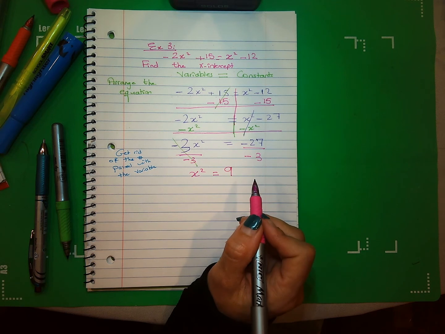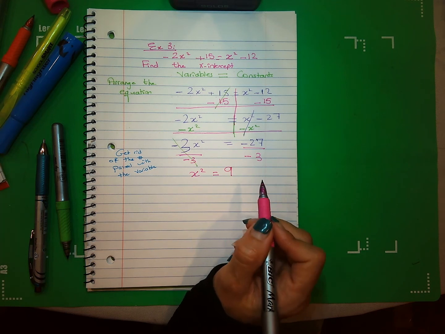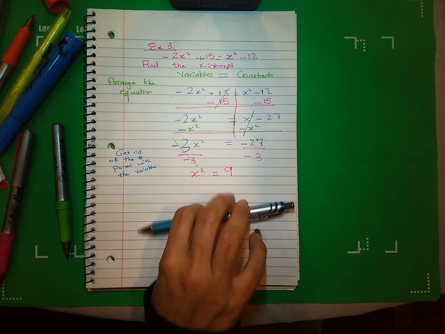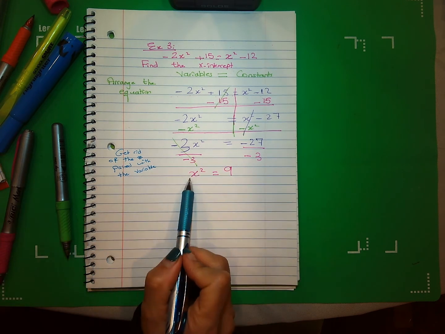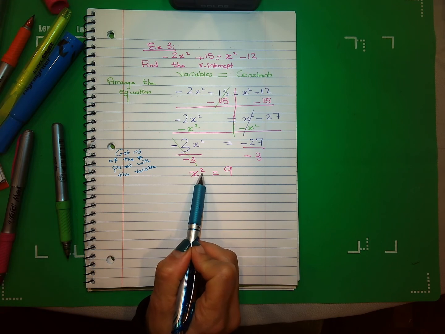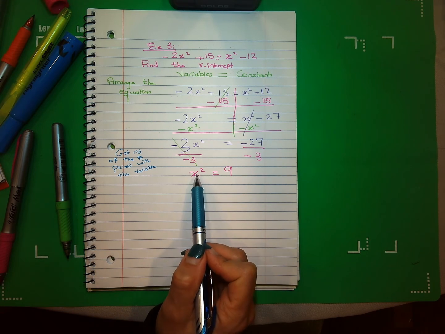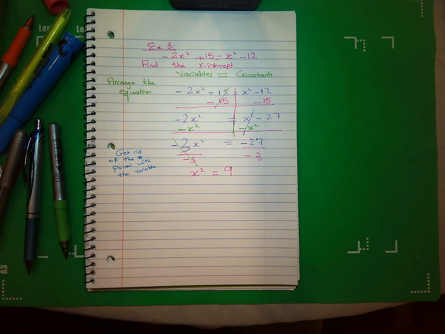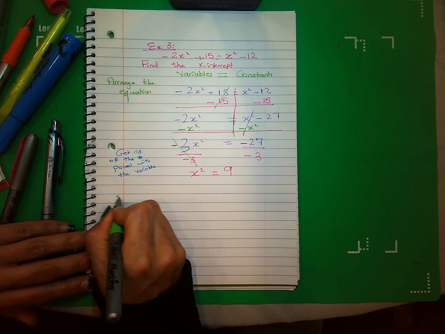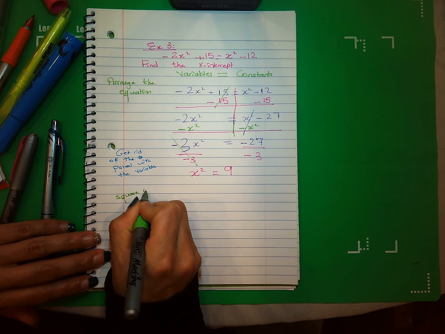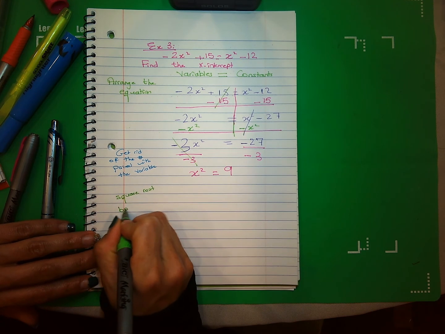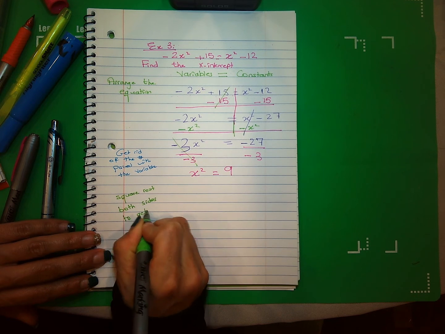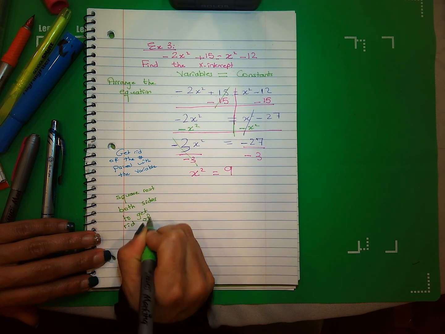All right, so again, how do I get rid of that exponent? To get rid of that exponent, you will have to square root both sides. Here, let me write it down. Square root both sides to get rid of the exponents.